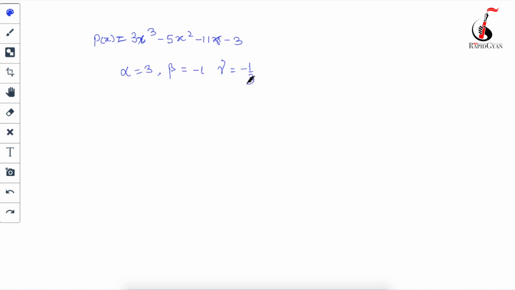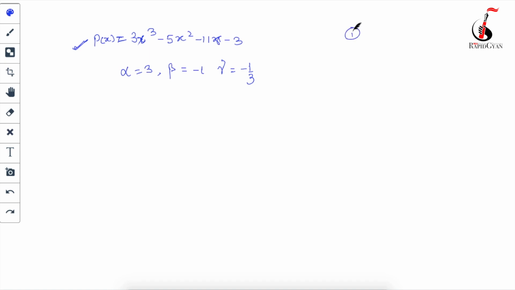I hope you know how to solve a cubic equation, because I know that 90% of students know how to solve a quadratic equation, but very few of them, even among 11th and 12th students I have seen, know how to find the zeros of a cubic equation. Those who don't know, if you look at the top of this video you can see the eye icon.